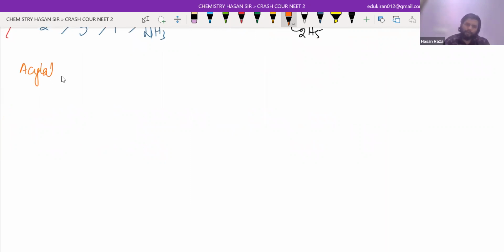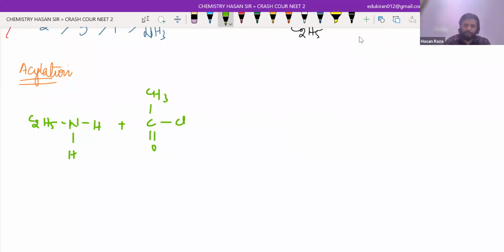First, we are going to talk about acylation. That means acyl halide. We are going to react this with acyl halide. So if you have primary amine and this is your acyl chloride group, you know what will happen. First of all, the lone pair will directly attack here.